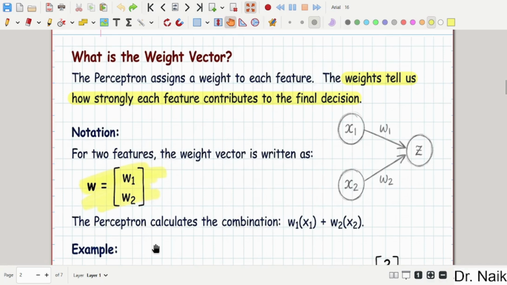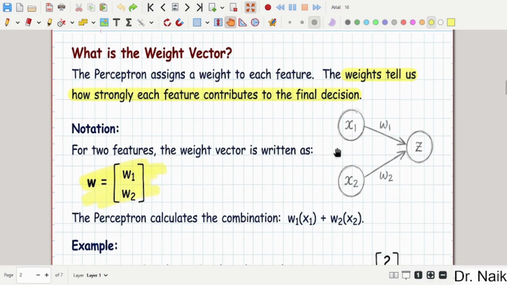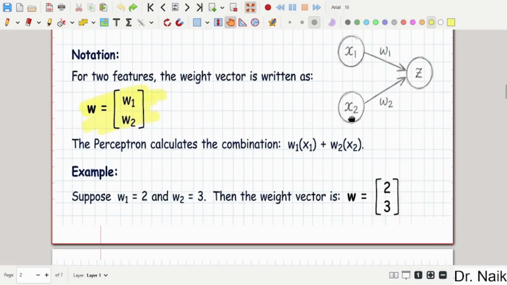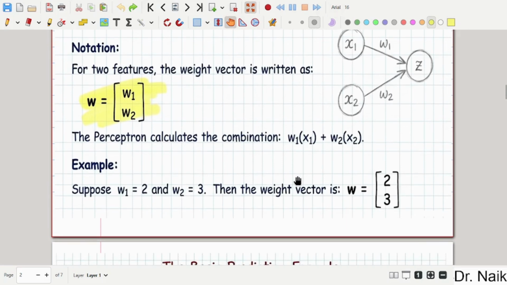The perceptron calculates the combination w1 multiplied by x1 plus w2 times x2. Let's see an example. Suppose w1 is equal to 2 and w2 is equal to 3, then the weight vector is written as w equal to a column vector with first entry 2 and second entry 3.